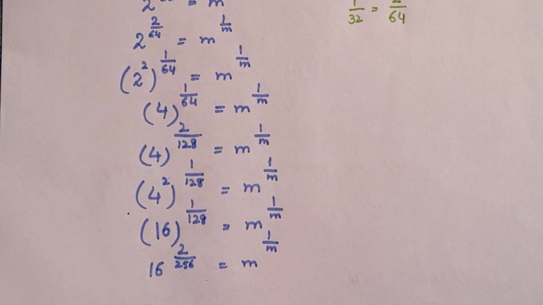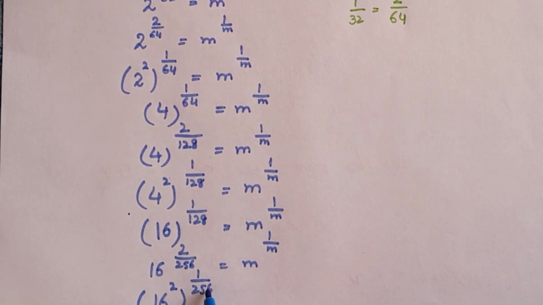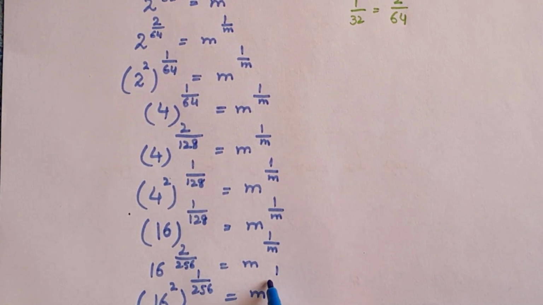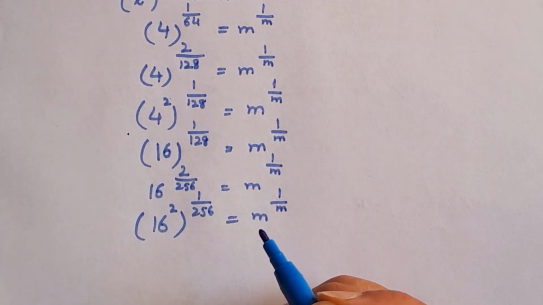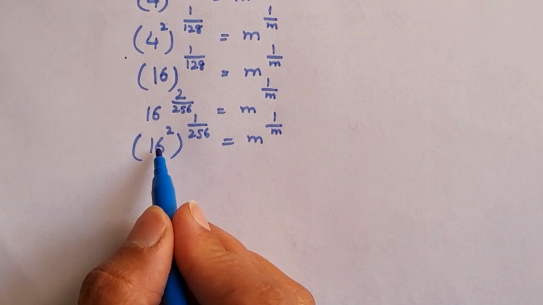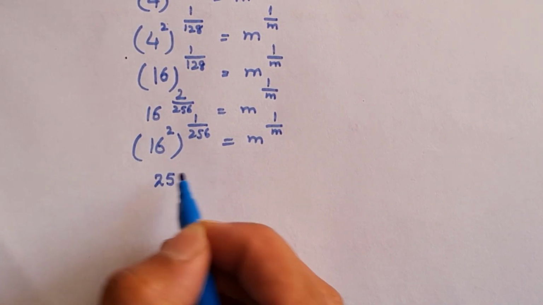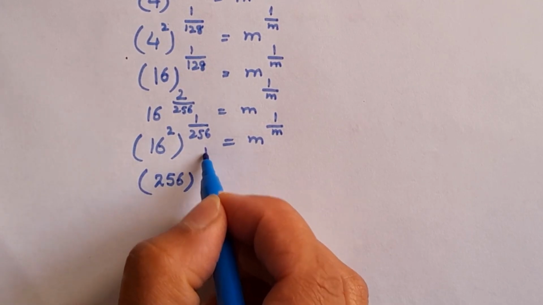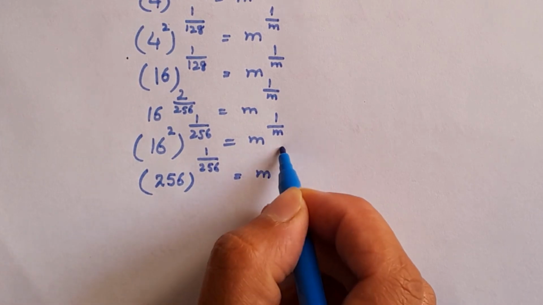We can write this as 16 to the power 2, to the power 1 divided by 256, is equal to m to the power 1 over m. 16 to the power 2, or 16 square, means 16 times 16, which is equal to 256, to the power 1 over 256 is equal to m to the power 1 over m.